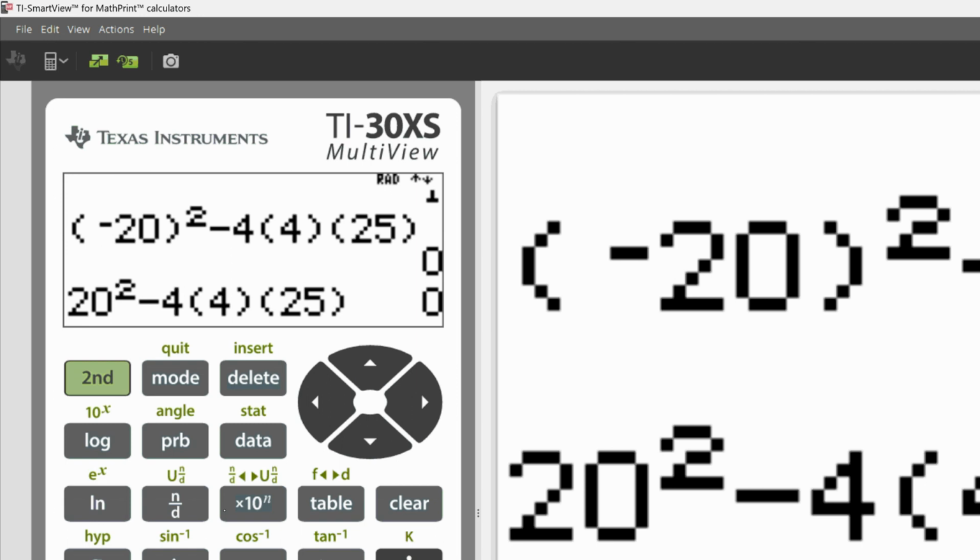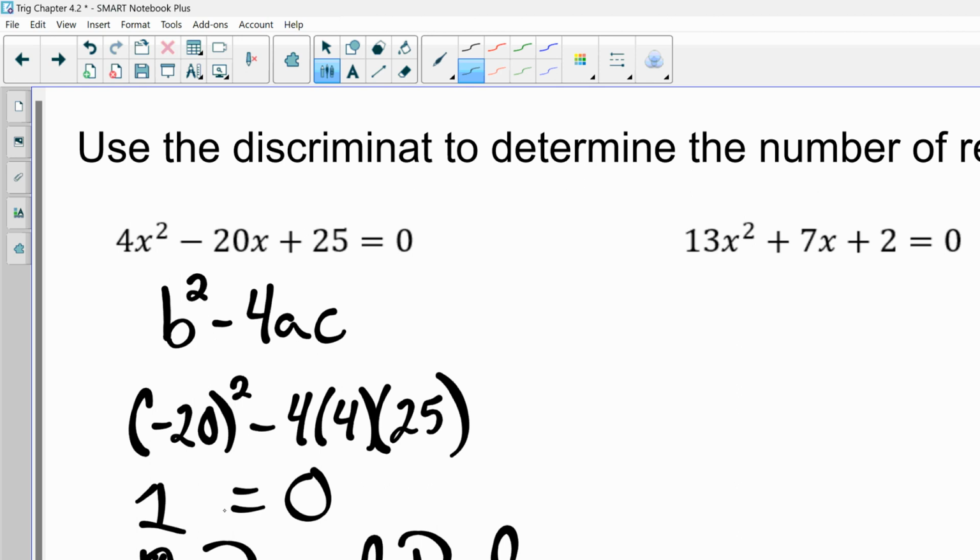Well, we know the negative is going to become positive. And since I know squaring that number will make it positive, I don't have to put parentheses in the negative because I know it will be positive. But if you're not sure if you need them or not, it's better to go and put the parentheses in the negative and then square it than it is to not. Because sometimes it's better to have it and not need it than need it and not have it. Does that make sense?